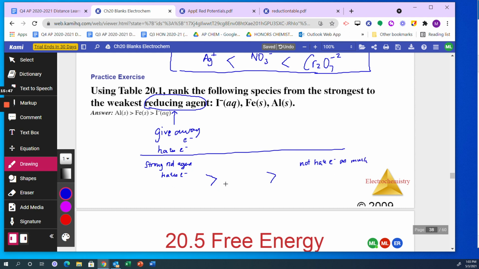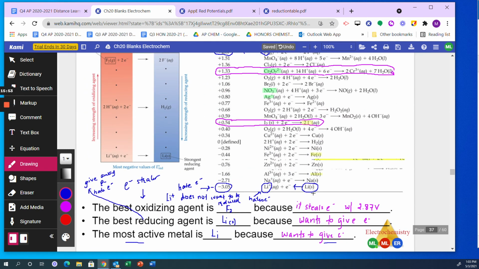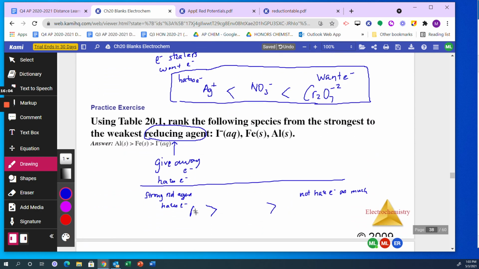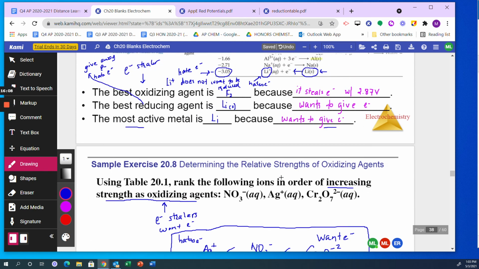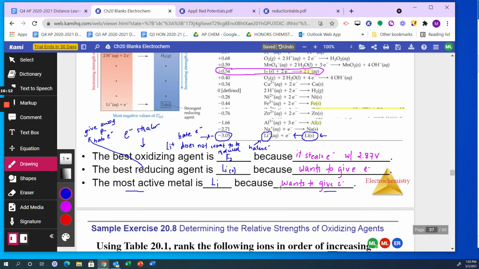So who would hate the electron? I-, Fe, Al. Lithium hates it the most, so I would pick Al, then Fe, then I-. So Al would give away 3 electrons, then Fe, then I-.